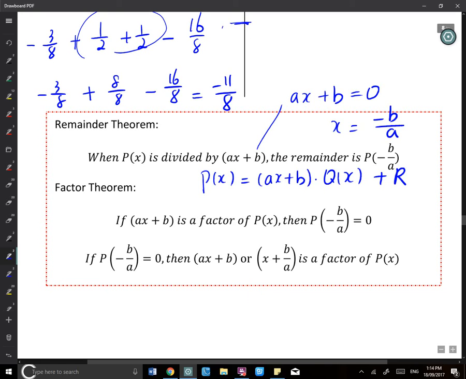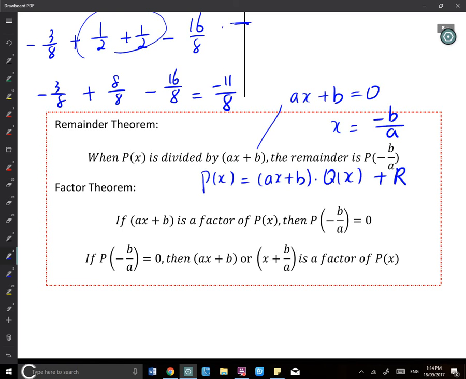You don't need to remember this rule. What you need to do when you do the question is make it equal to 0, solve for x, and then substitute that in. You don't really need to remember minus B over A. That's quite hard, so do not try to memorize a lot of equations; try to understand it and then apply it. What we're trying to do is make the thing become 0, because then Q(x) will disappear.